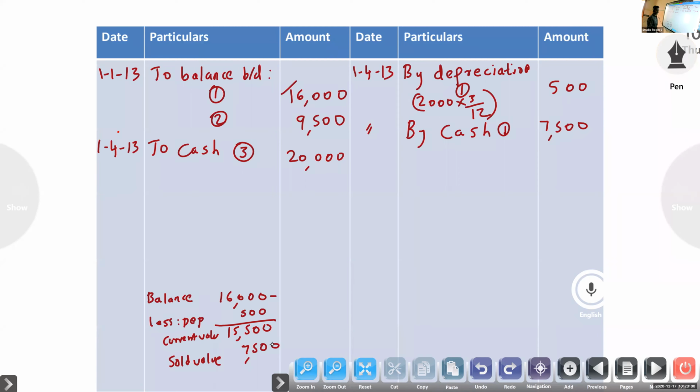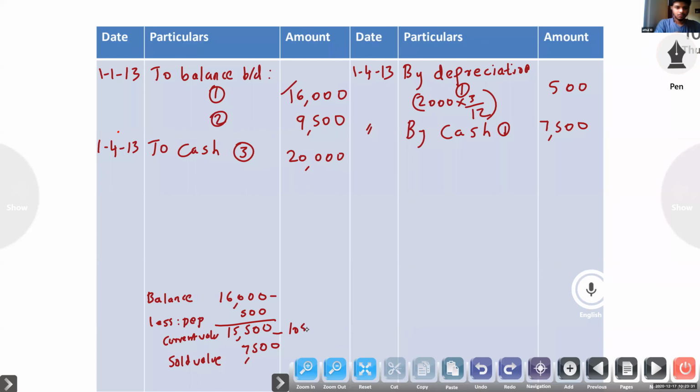Next, sold value 7,500. Okay, the correct value is 15,500, but sold at 7,500. So whether it is profit or loss, Atul? Sir, loss.